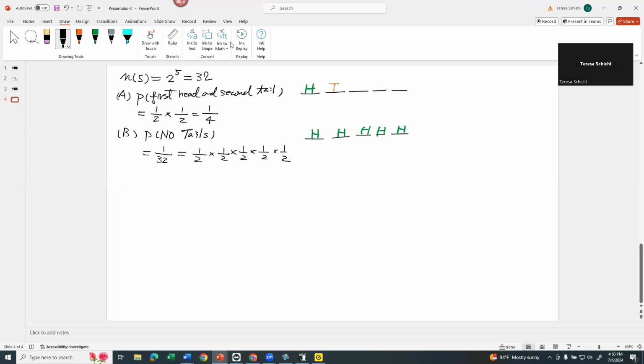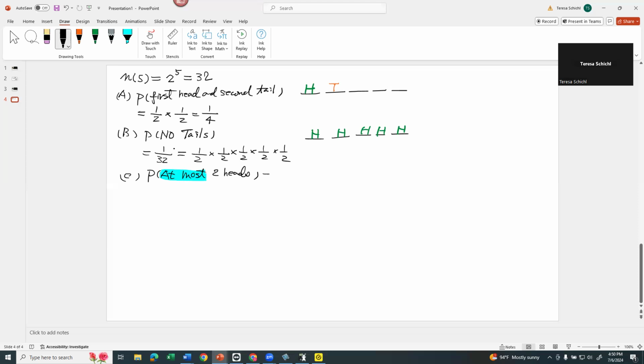All right. Okay, so part C is at most 2 heads. At most, we see this frequently in probability problems. At most means it cannot be more than 2 heads here.